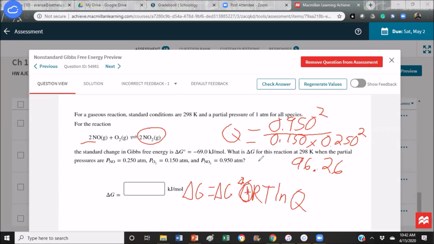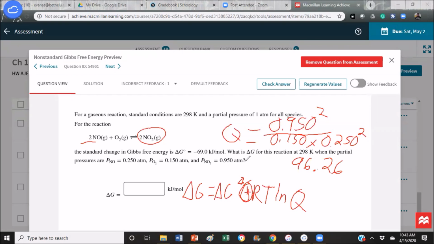The last guy, I'll go back to it in a second, but I'm pretty sure they said, here are the concentrations at equilibrium. And this one says, what is our delta G for the reaction when this is the situation? So it's nothing about equilibrium. It just says when we're at here.